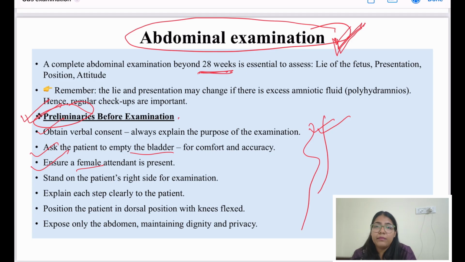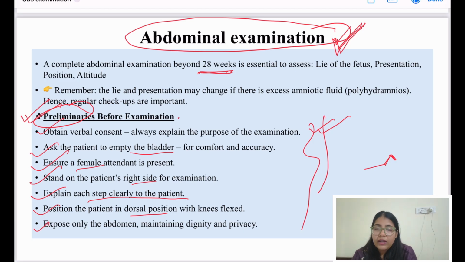You should be examining the patient by standing on the right side of the patient. You should always explain to the patient what you are doing. And how the patient should be lying: she should be lying in the dorsal position, that is, the patient should be supine, but knees and legs should be slightly flexed. And from where will you expose the patient?